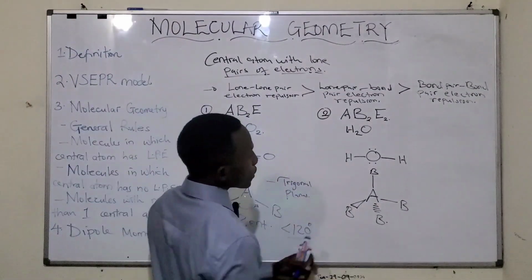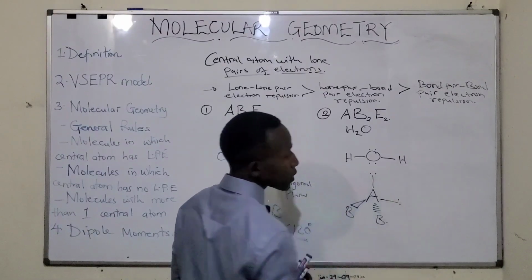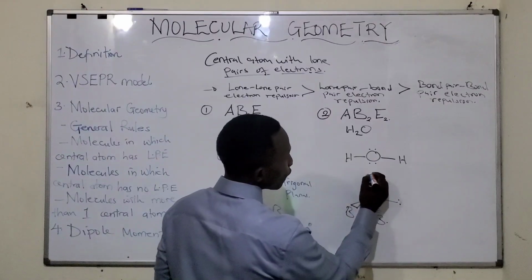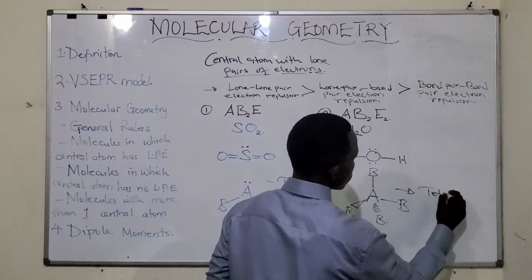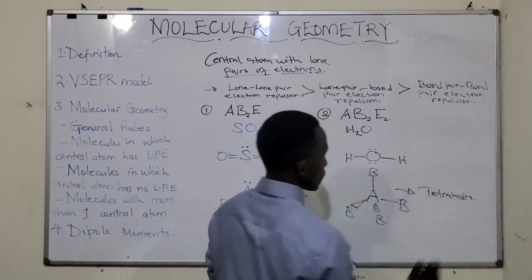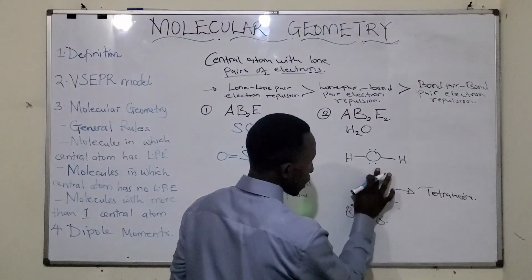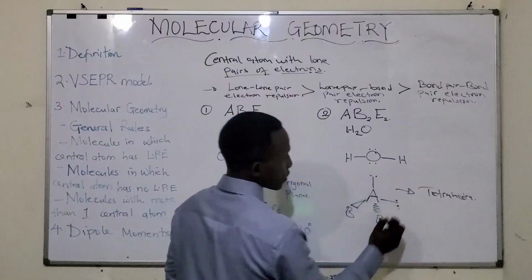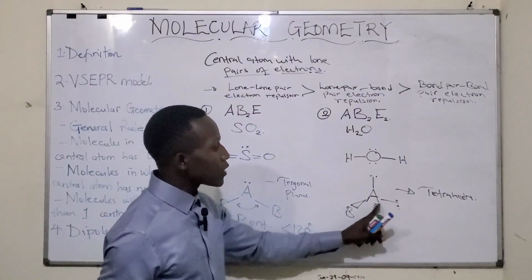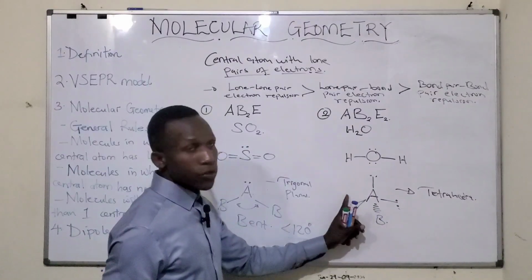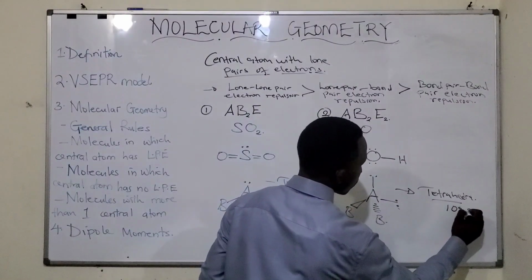But now, for instance, if these 2 are now lone pairs of electrons, we said if there are 4, this one will be tetrahedral, if they are not lone pairs, as we have seen. But now, if they are lone pairs of electrons, it has changed. These ones repel themselves maximally, and they repel these bond pairs, then these bond pairs repel themselves. Before, if it was tetrahedral, the angle would be 109.5.